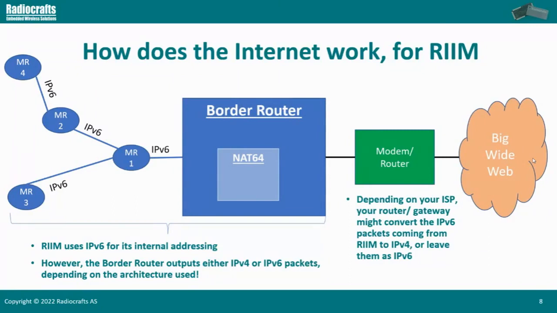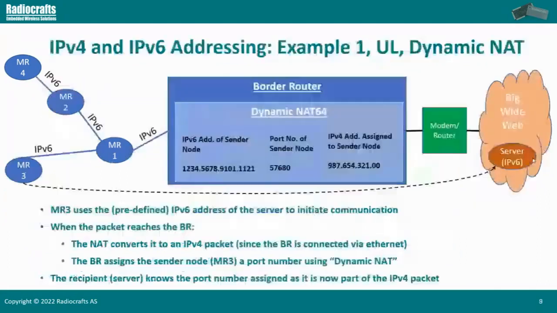Okay, but what does that actually mean, and why can't we see an example? Yes, let's do that. Okay, so this is example number 1. Here's, I think, where the fun starts. We have here a very basic architecture of how a dynamic NAT would work.